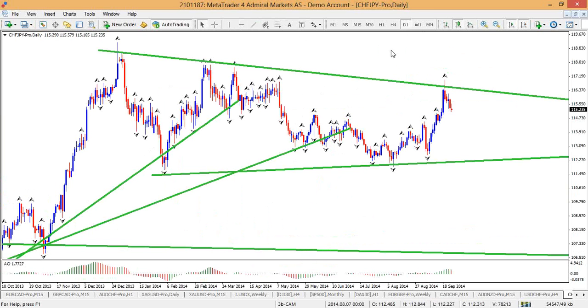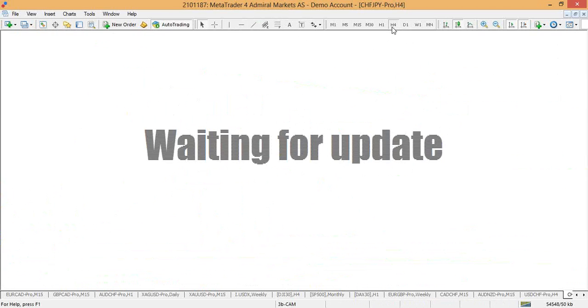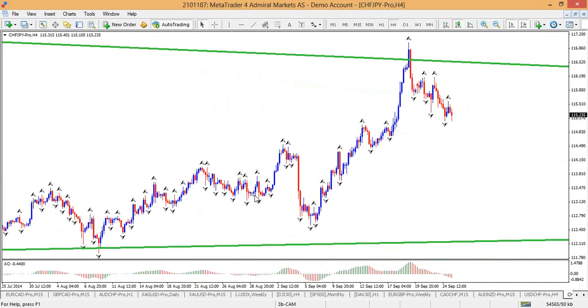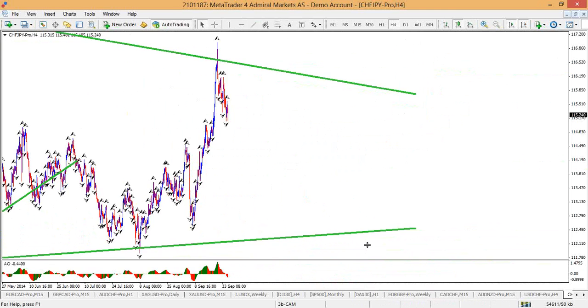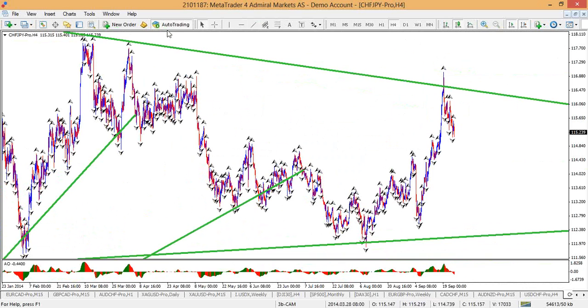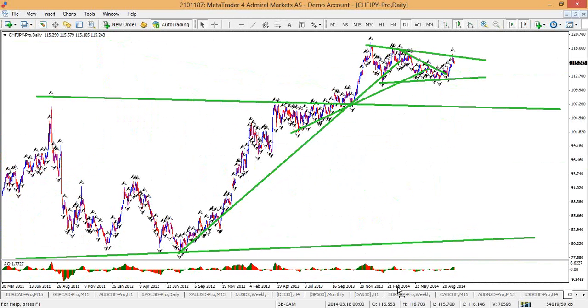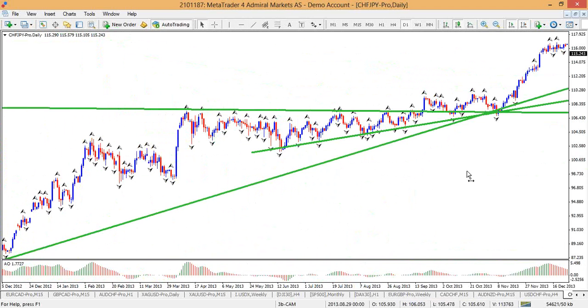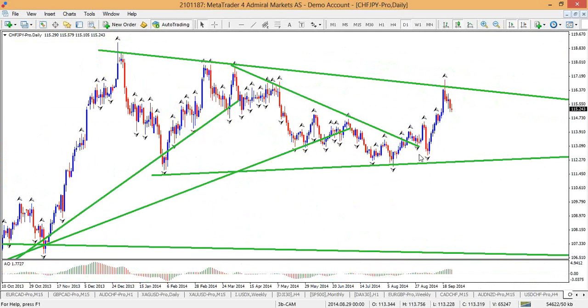or maybe even the 4-hour chart. Let me see if I can find a good example. Let's see. Here's a trend line with multiple hits. Let me take a look at the daily. And here too.